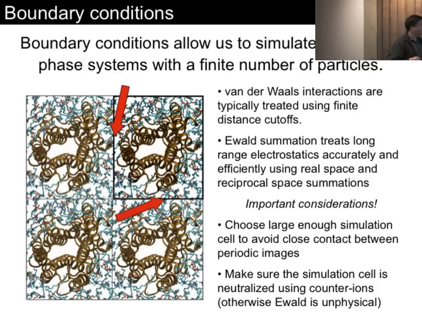And there are ways to treat long-range interactions in periodic boundary conditions. That's what the particle mesh Ewald method is for. And an important consideration is that you don't want your molecule to interact too closely with an image of itself. You might get spurious results. So periodic boundary conditions are another important consideration.